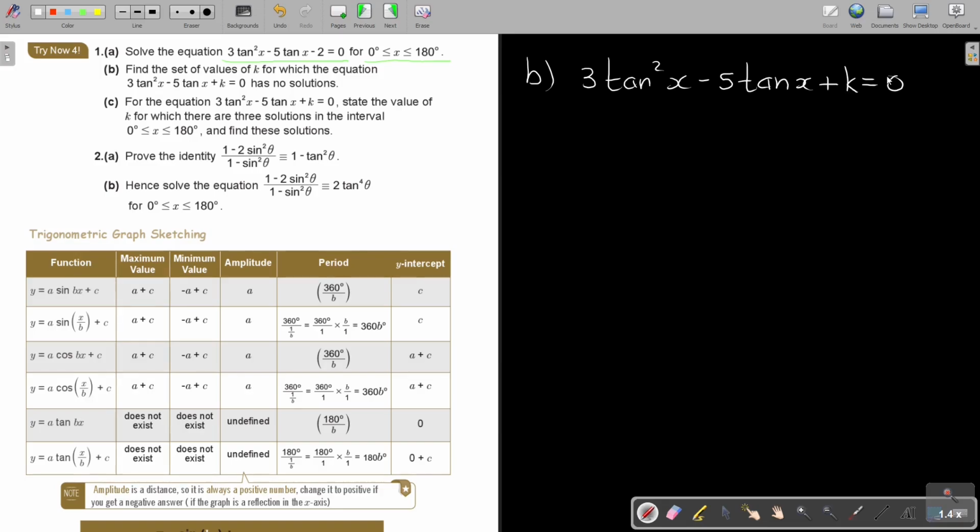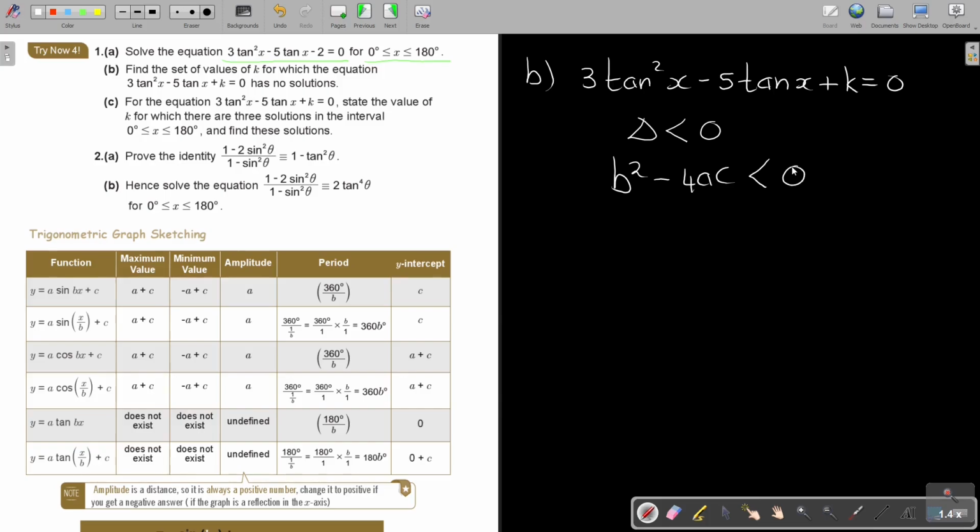So go back in your brain to chapter 1. When will it have no real roots? When the discriminant is smaller than 0. Okay, so don't forget, what is the discriminant? It's b squared minus 4ac, and that's smaller than 0.